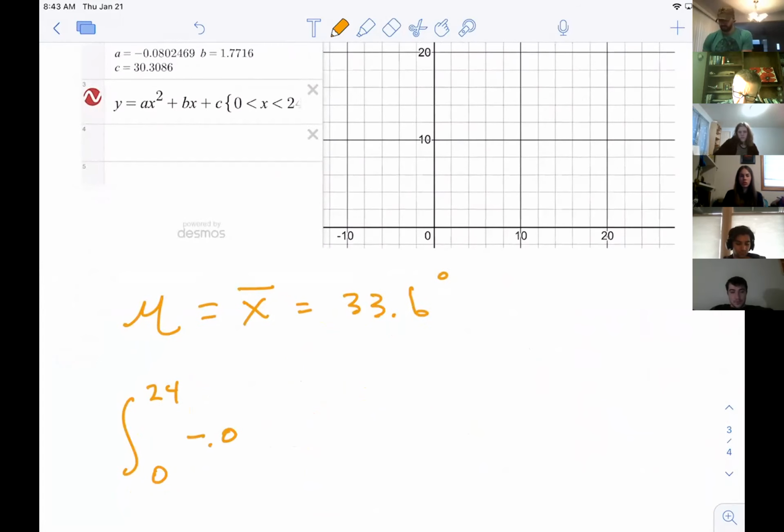Negative 0.08 x squared. The B is 1.7716. I don't have a good reason, but I'm going to call it 1.772. And then the C is 30.3086. I think I'm going to call it 30.31. So I'm aware I'm getting an estimate for this, and that's fine. I want to know the average temperature. Do I really care to be accurate to the 100th place what the average temperature is?